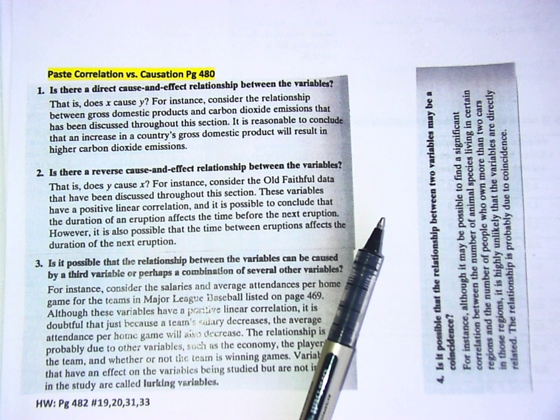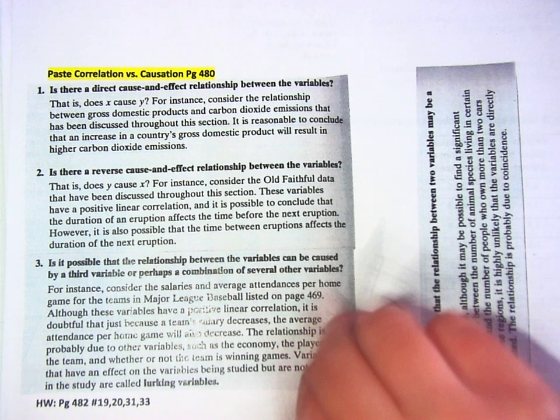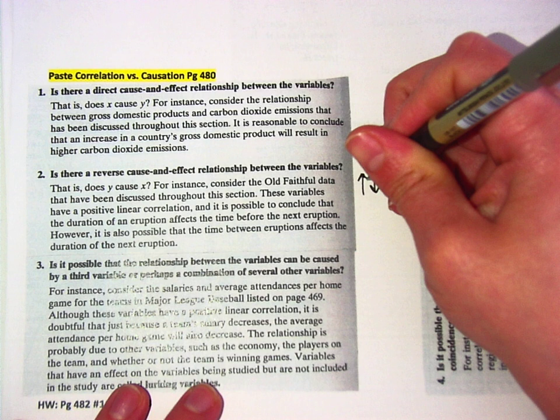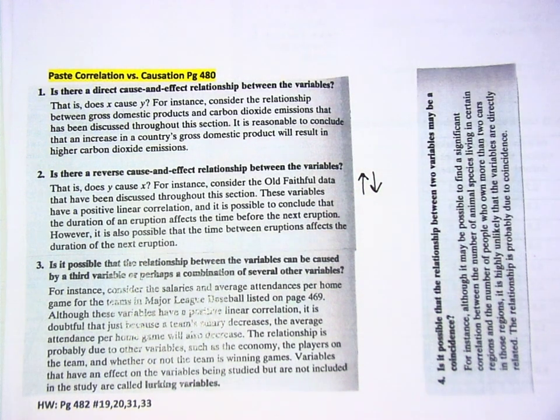I'm just trying to think of a way to change the sentence to make it reverse, like change the word duration to something else. Let's think of something: how much money you've spent and how much money you still have. One goes up, one goes down.